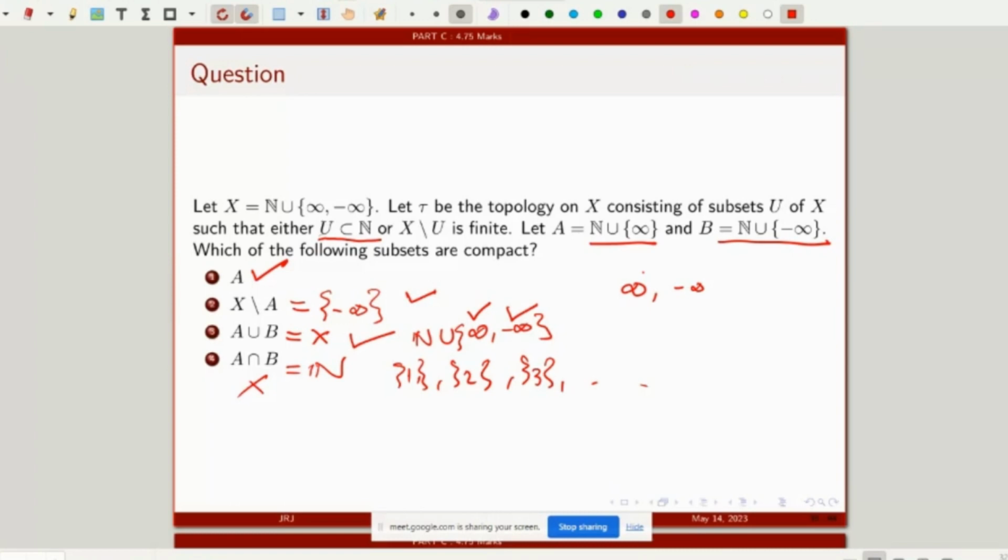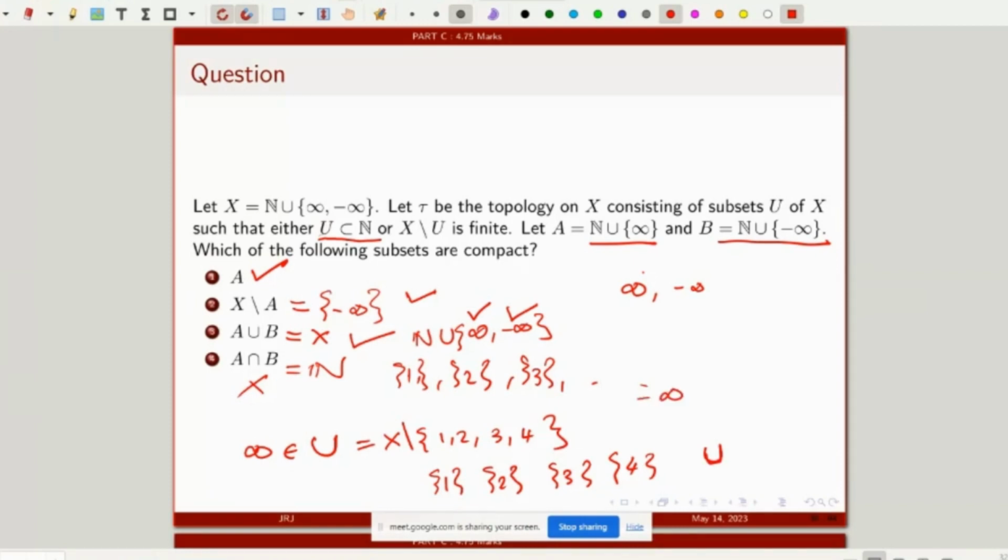So suppose this U is an open set containing infinity. Then U is equal to the whole set minus finitely many points, say 1, 2, 3, 4. Okay. So in that case, you can pick 1, 2, 3, 4, all these you can pick up together with this U, and maybe one more set containing minus infinity, that I am calling V. So with these 6 sets, you can cover the whole N, whole X.